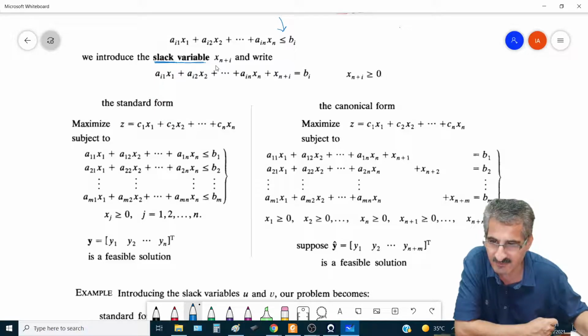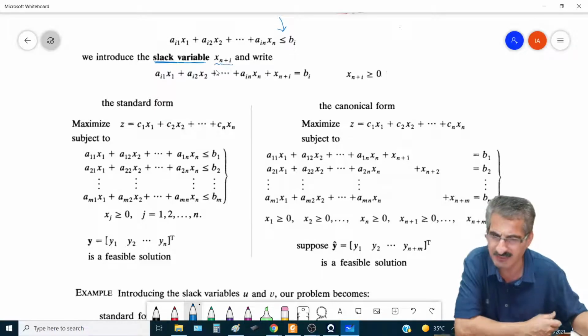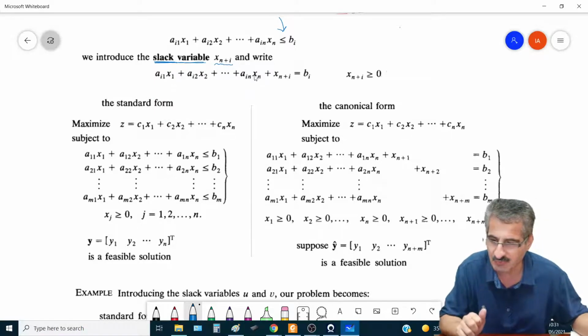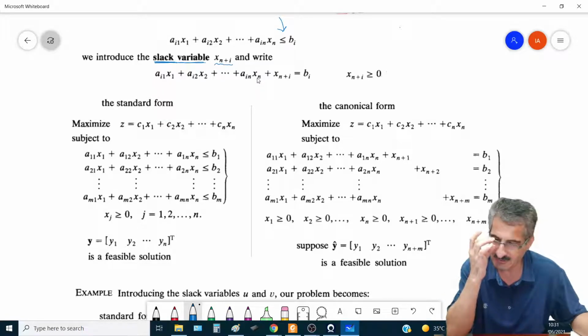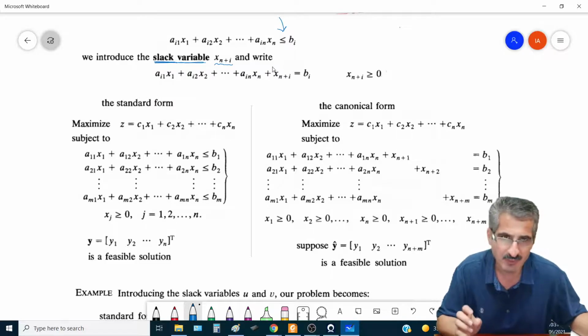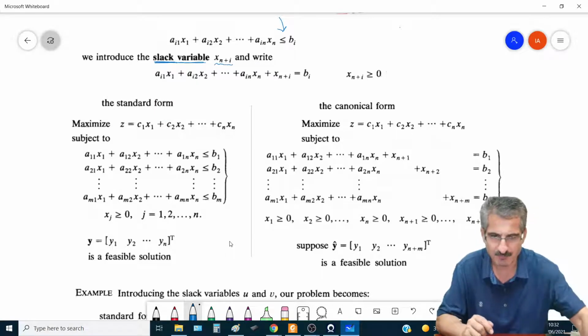And that slack variable, we may call it any name, u, v, anything. But to make the notation come together smoothly, we will call that variable x_{n+i}. Why do we call it n plus i?